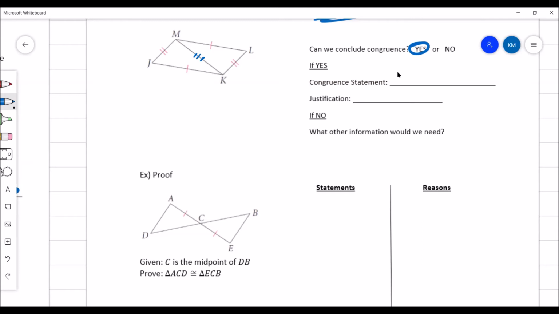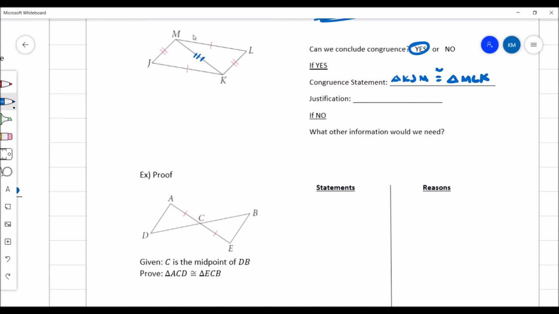So now we have to work on using a congruent statement. Again, I'm going to go in my pattern. I'm going to go 1 hash to 2 hashes. So triangle KJM is congruent to triangle, and 1 hash to 2 hashes, MLK. Again, I'm doing this not because I'm randomly choosing these.